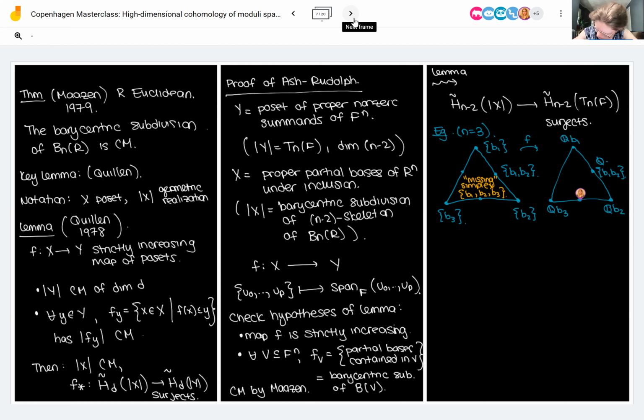I won't finish writing in all the sides of the triangle, but this is what we get. We get the apartment corresponding to Qb1 plus Qb2 plus Qb3. I'm also working over Z and Q in this example. And this is looking promising because this is going to be precisely an integral apartment. This is an apartment that arises from a Z basis for Z^3. Great. And so we're almost done.